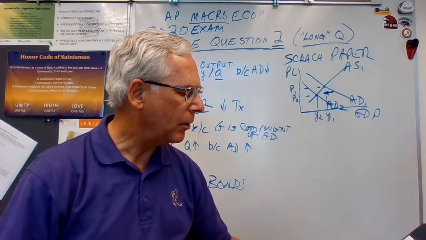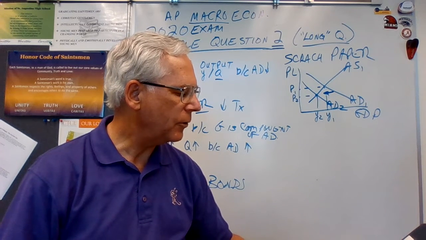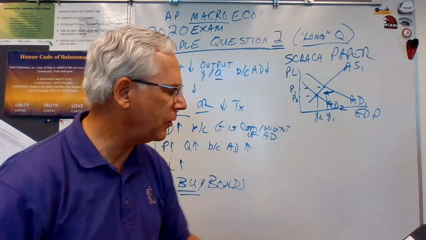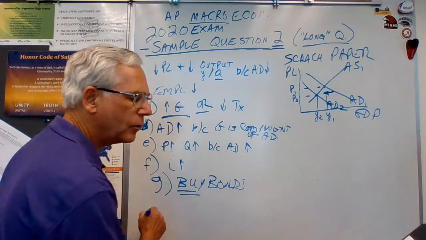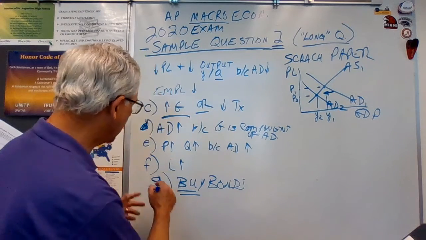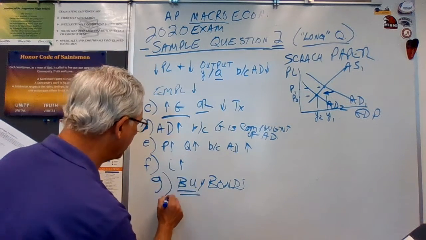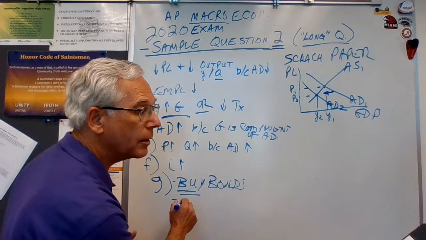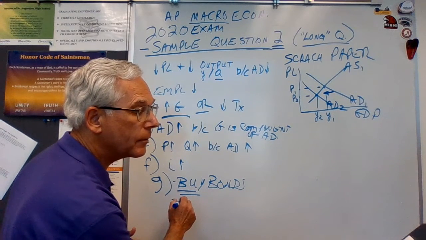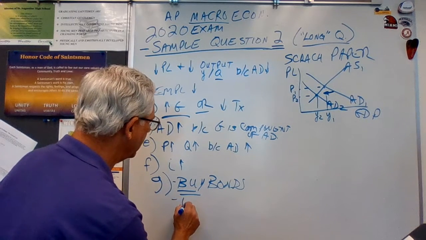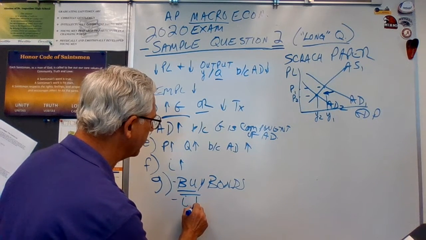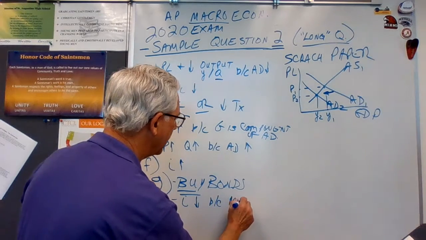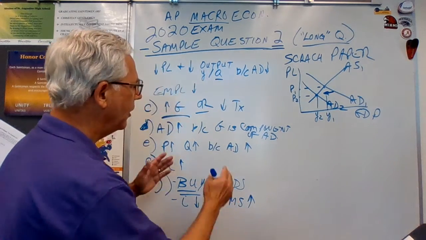And how will that affect real interest rates? That will reduce interest rates because it'll increase the money supply. So for G, buy bonds, and the second part of G is that the interest rate is going to go down because the money supply increases.